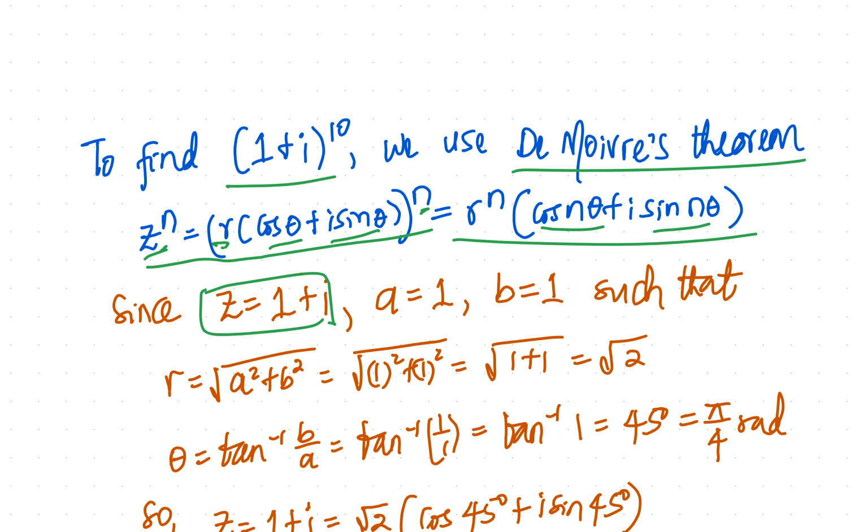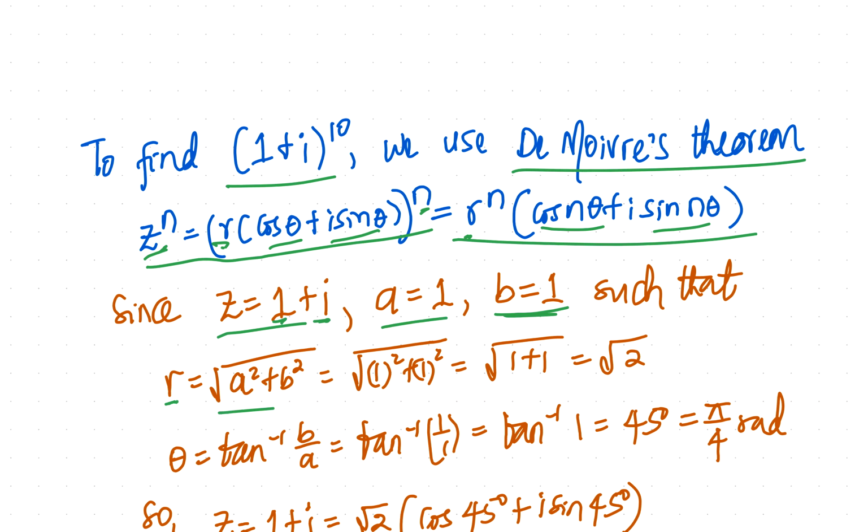So z equals 1 plus i. Here a is 1, that's the real part, and b equals 1, that's the imaginary part. So you can get the modulus r, which is the magnitude, the square root of a squared plus b squared.